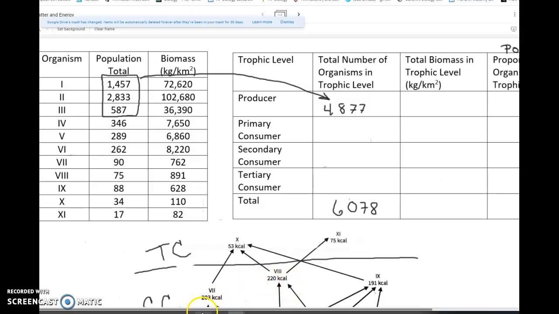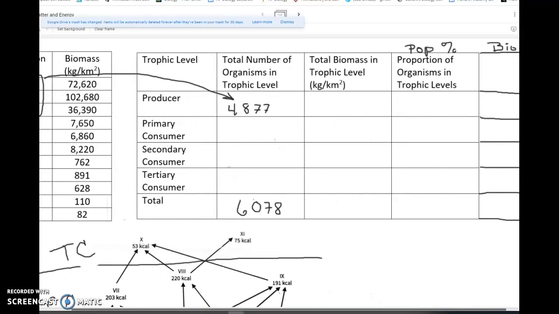So how do you go about getting the proportion of the organisms? Well, this is for the population. All right. So in other words, this one would be the 4877 divided by that 6,078.